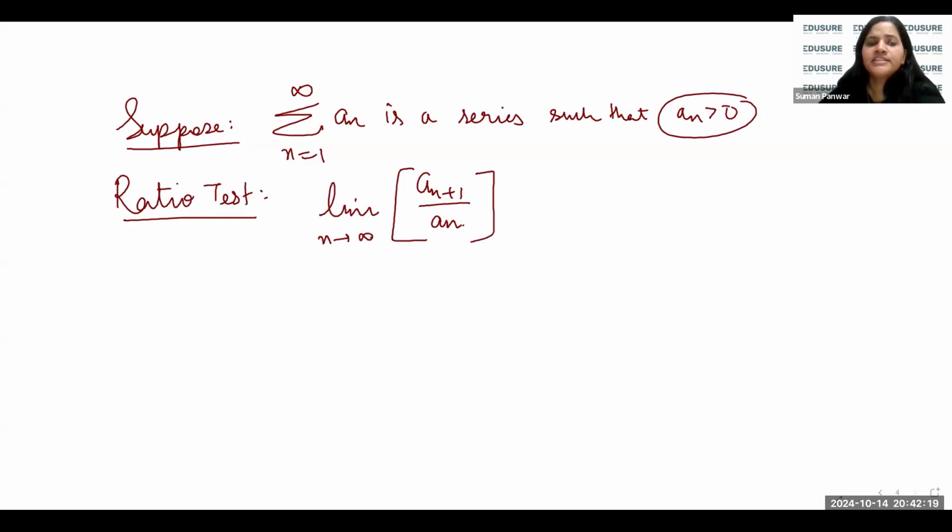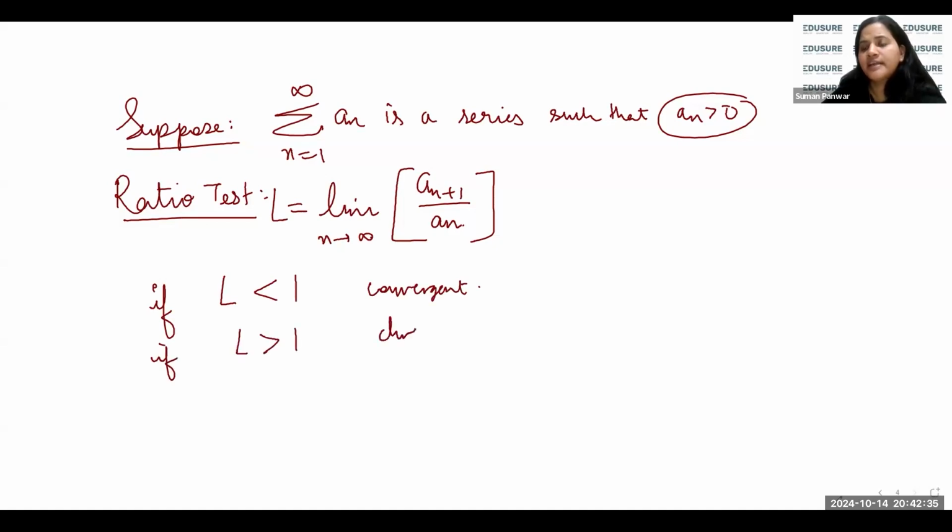Suppose this limit is L. If L is less than 1, the series is convergent. If the limit is greater than 1, the series is divergent. And if L is equal to 1, the test fails. What do we mean by test fails?